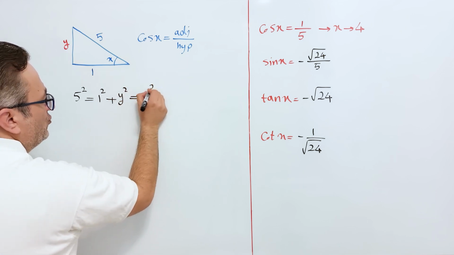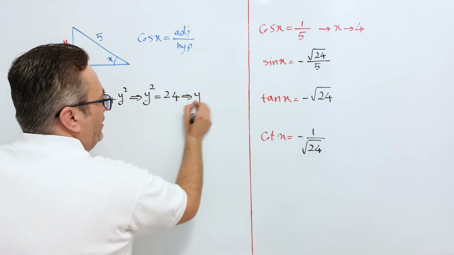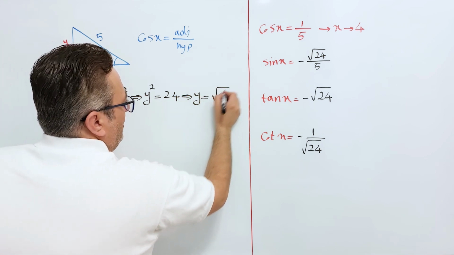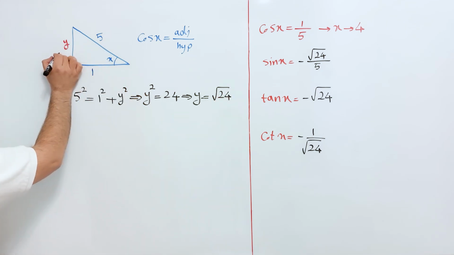So y squared is equal to 24. So y is equal to the square root of 24.